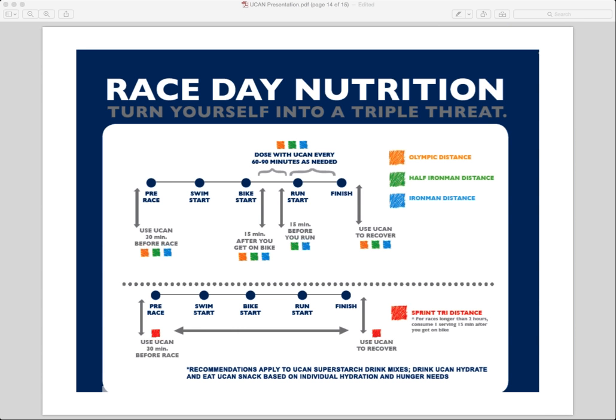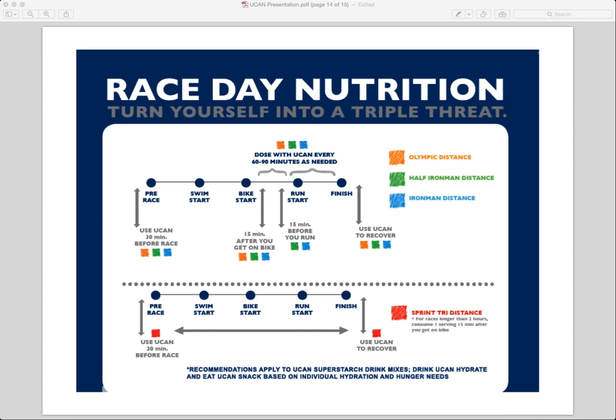pre-mixed in one bottle. So we use the example of Matt Bach. He's an amateur triathlete, but he was the winner at Ironman Maryland, 8:51:19. He just finished as the first amateur at the Eagleman 70.3 a couple weeks ago. He was sixth overall, again about a 4:11 70.3 on a really hot day.